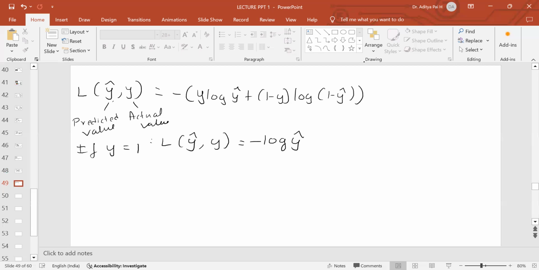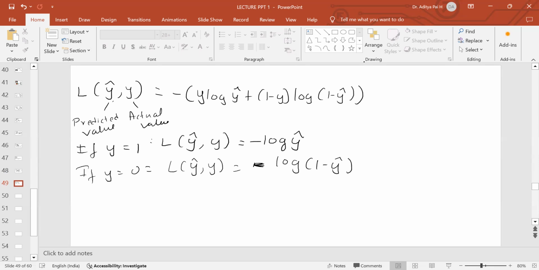If y is equal to 0, the first term will be 0 and 1 minus 0 is 1, so L of y hat comma y is minus log (1 minus y hat).